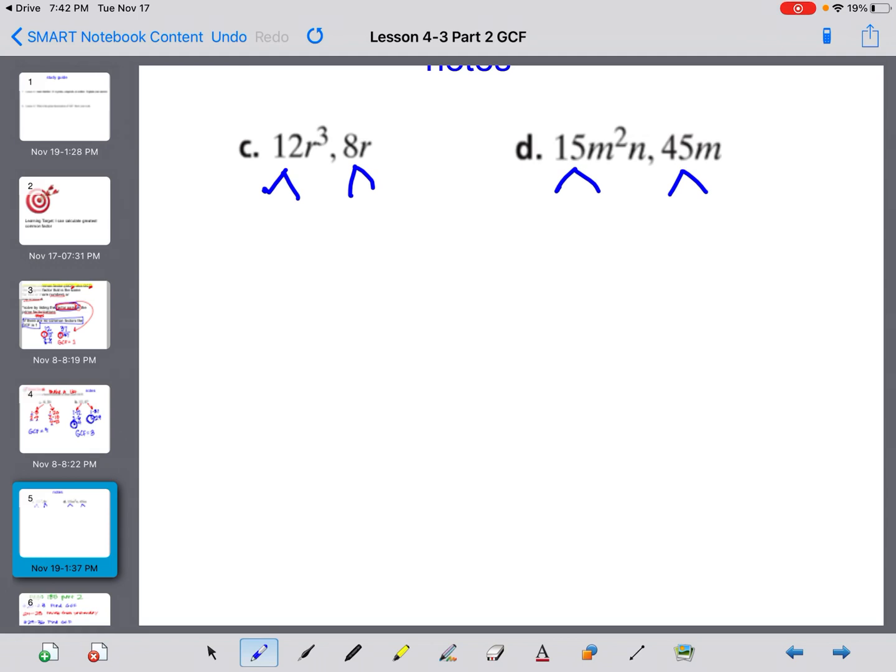Go ahead, pause, make your trees. Remember, your tree might look different than my tree, and that's okay.